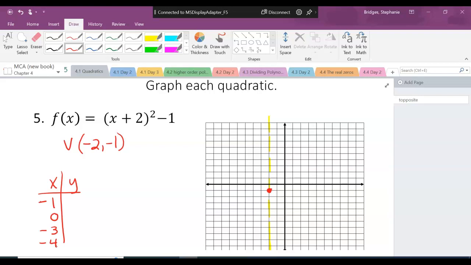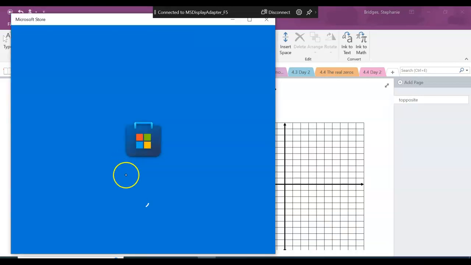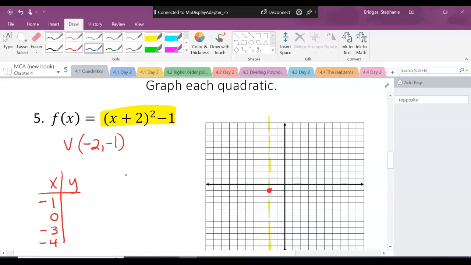All right, then we're going to start with that first x, and I'm going to plug it into this part of my function. So where the x is, I'm going to put -1. Everything else is going to stay the same.